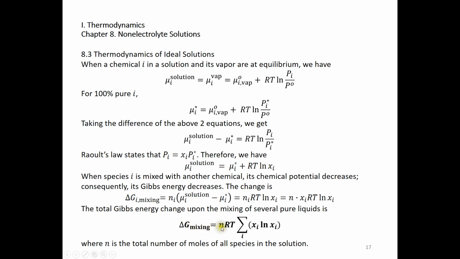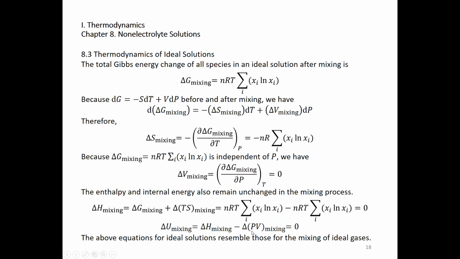Again, N is the total number of moles of all species in the solution. R is the ideal gas constant. T is the temperature. X is the mole fraction.